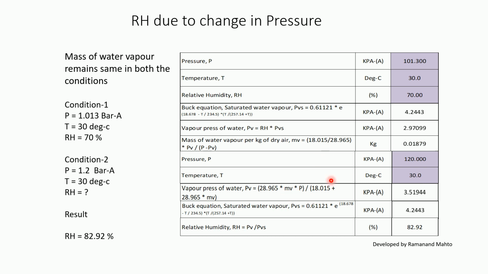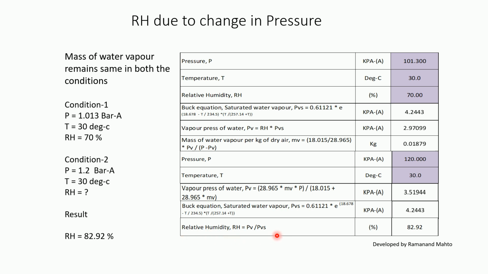So mv value is taken from here and P is here 120. So PV is calculated, which is now 3.51944. By Buck equation, saturated water vapor pressure is the same because temperature is the same. Previous also 4.2443. Now division of this will give the RH.